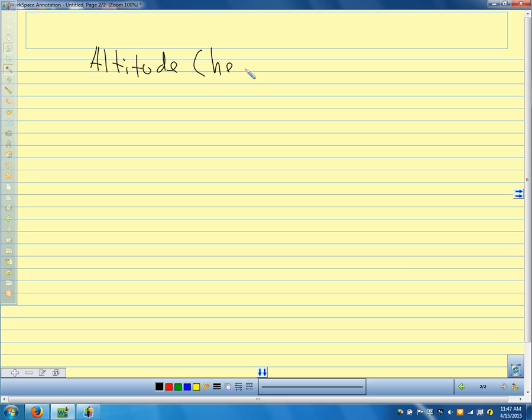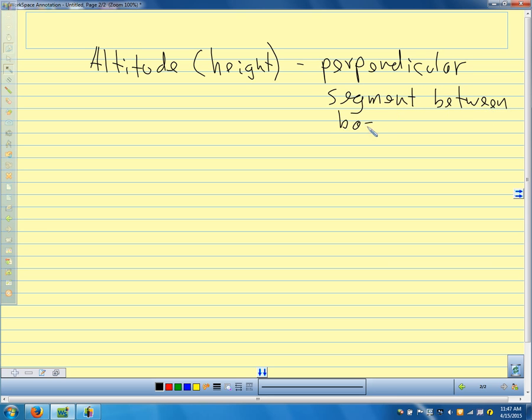So I'm just going to put height. Altitude or height is the perpendicular distance between bases. So I'll say perpendicular segment between bases.